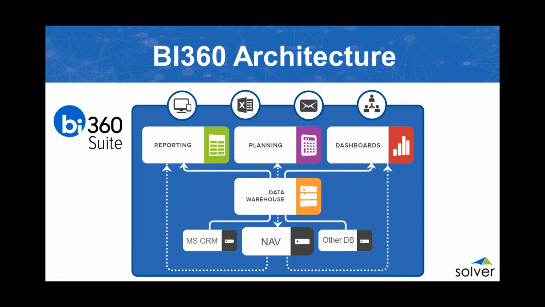And of course, if you'd like to, you can push those GL details, for example, back into Dynamics NAV. So planning is a key component to a lot of strategies that companies and organizations have, and that's exactly what we do provide. Last but not least is our data warehouse.